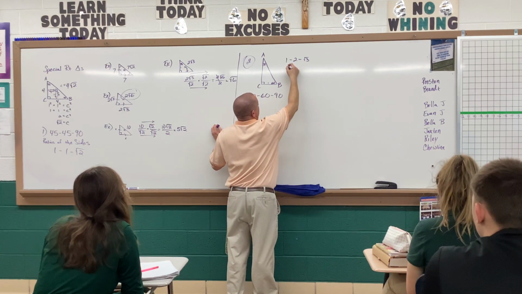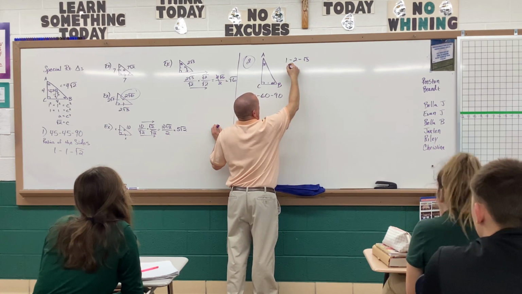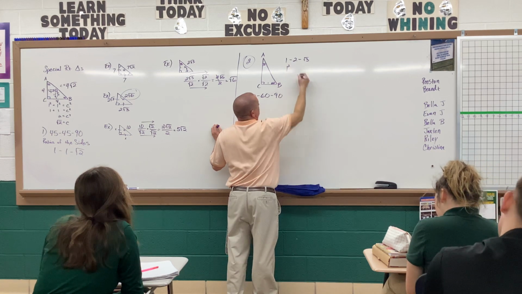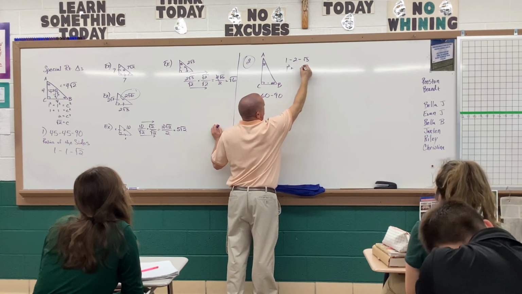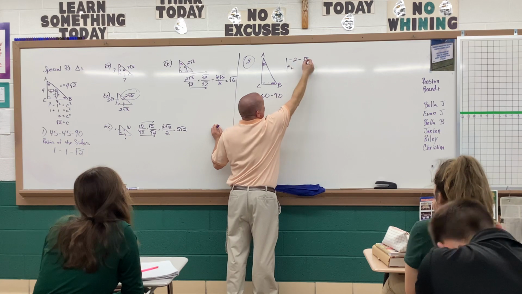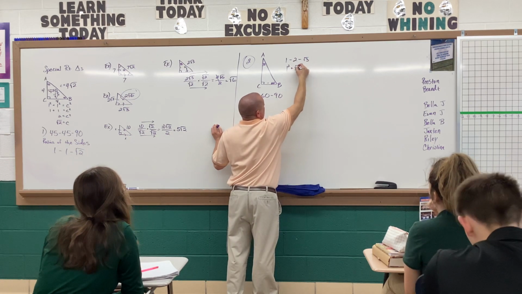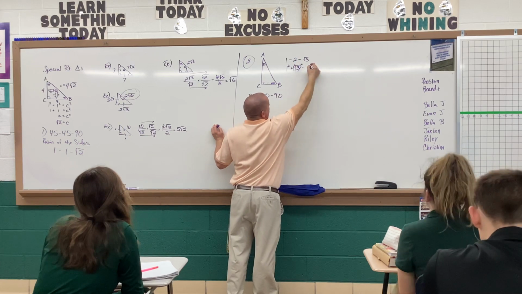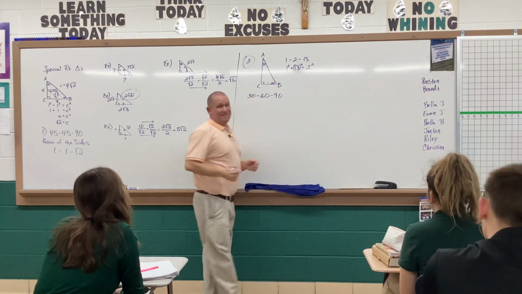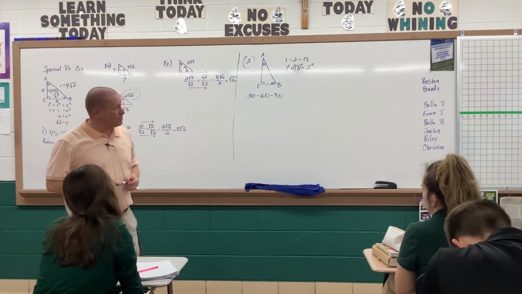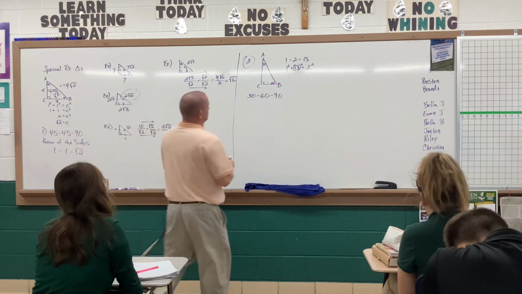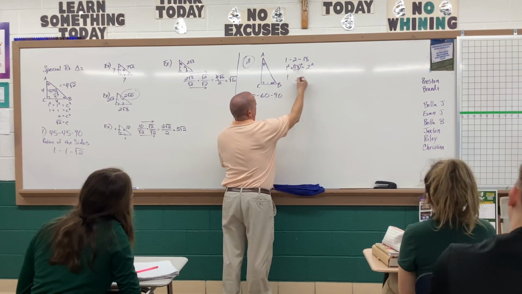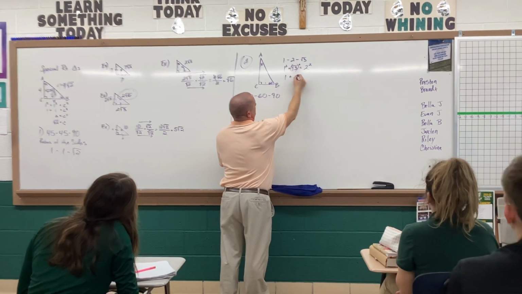So basically what we're saying here is that if 1 is the smallest, we would have 1 squared plus the second biggest has to be the other side. So I'm going to take the square root of 3 and square that. And then the last side would be 2, and we can square that. Does that prove that we have a right triangle? If I did that, what's 1 squared? 1. What's the square root of 3 times the square root of 3? 3. So 1 plus 3 is 4, and 2 squared is 4.